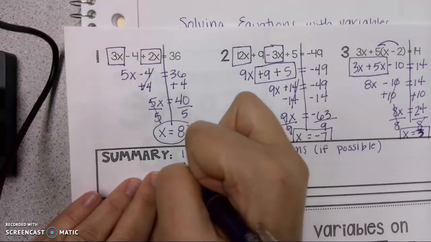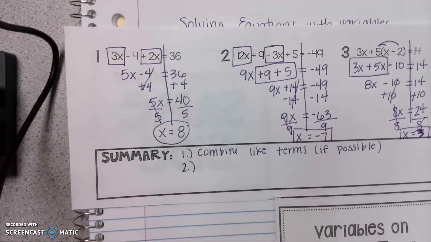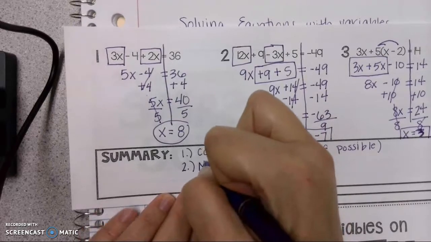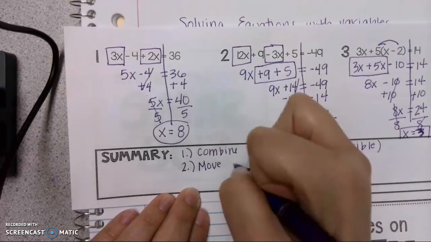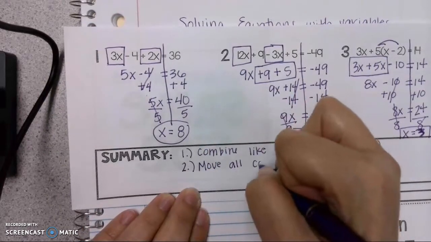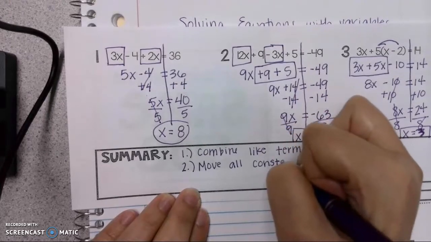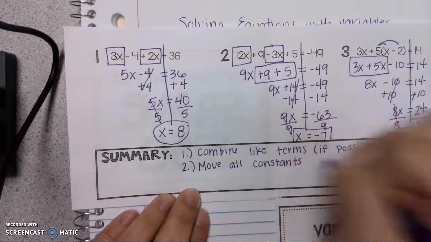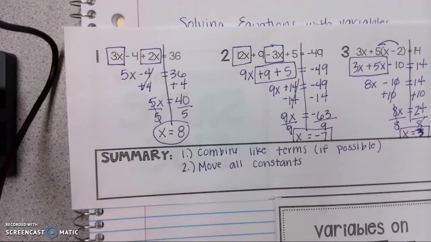From there, our second step is to move all constants. And remember, constants is just a word to say a number by itself. It doesn't have any variable.